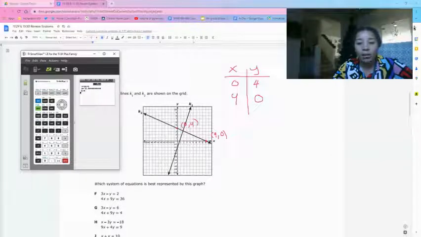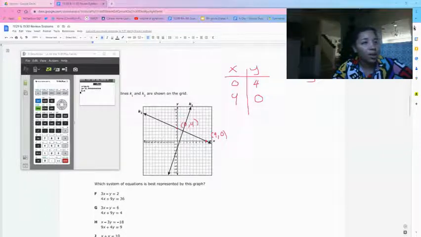We're going to have y equals negative 0.4 repeating x plus 4. Okay? And that is going to be K2.